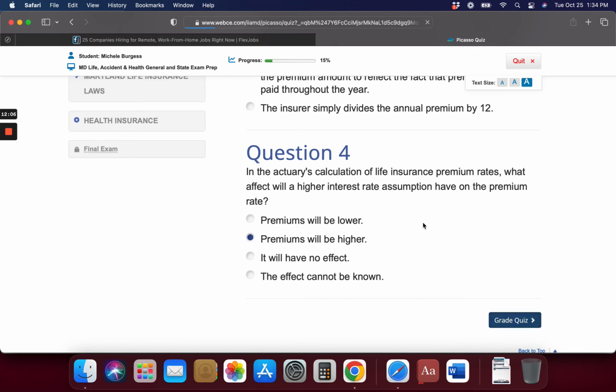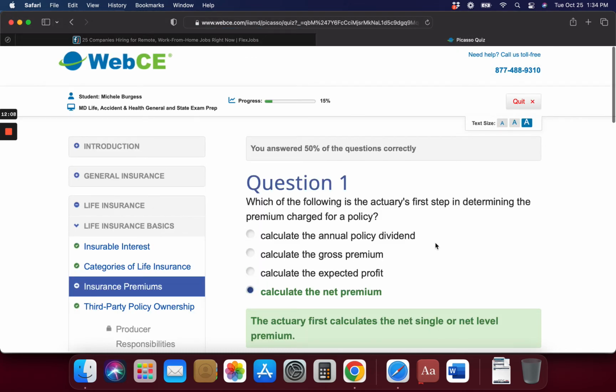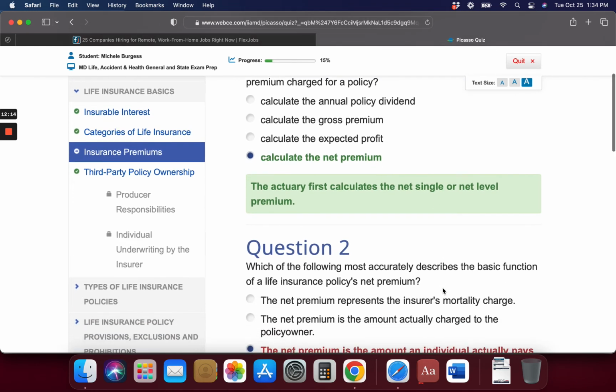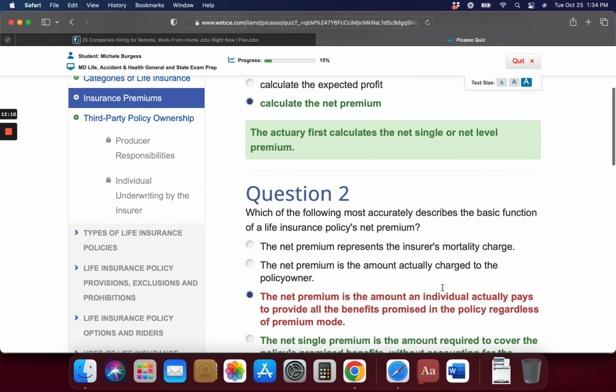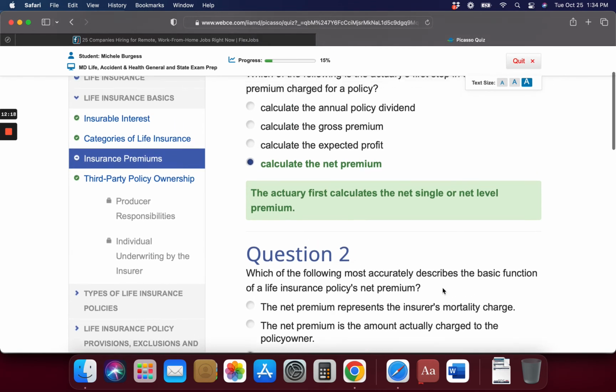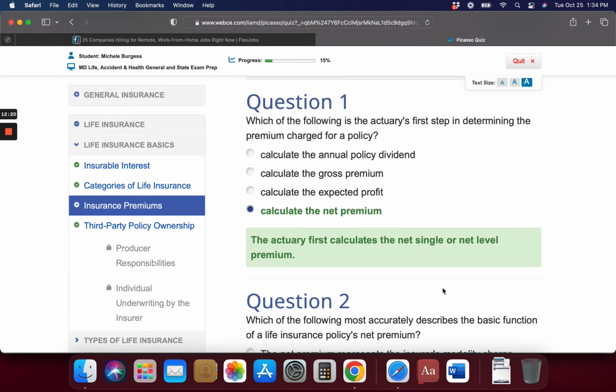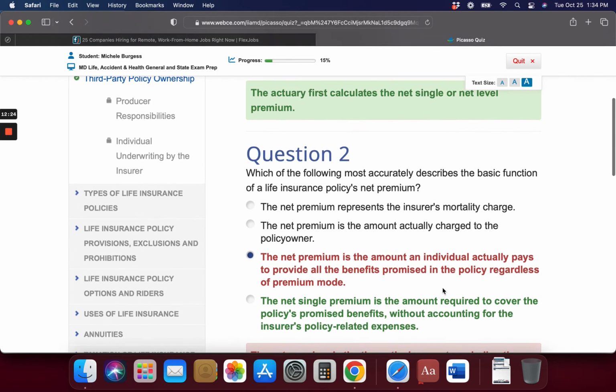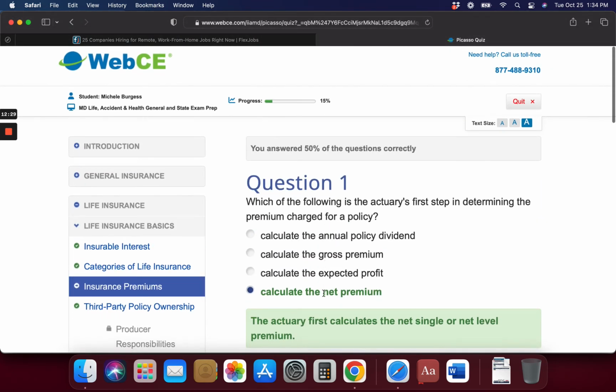Alright, let's see how we did. 50. Alright, I got 2 wrong. Okay, the first one was correct. Good guess. And I only guessed that because sometimes if you look at the next question following on a test, it would give you the answer to the previous one. Because they clearly were talking about net premium in here, right? So that's why I kind of changed it to net premium.